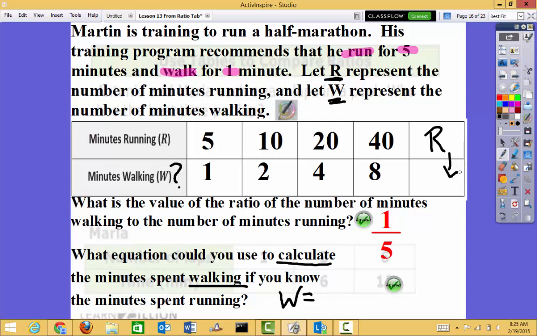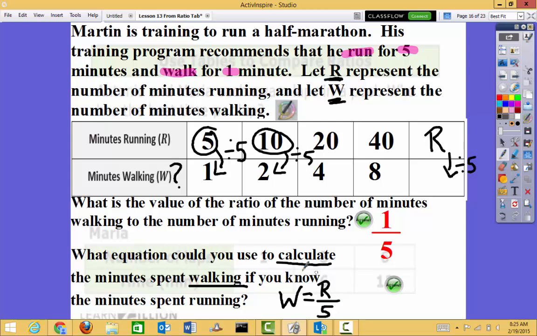Well, I'm going to look at my ratio and ask a simpler question. How am I getting from minutes running to minutes walking? You should see that I'm dividing by 5 each time. So it's the same thing with my variables. How do I get from here to here? I'm going to divide by 5. So it's going to be minutes walking equals minutes running divided by 5.